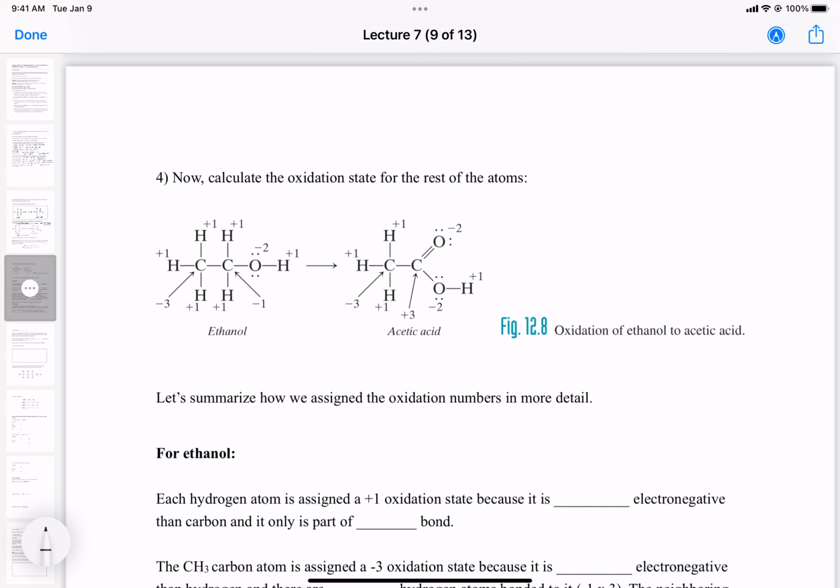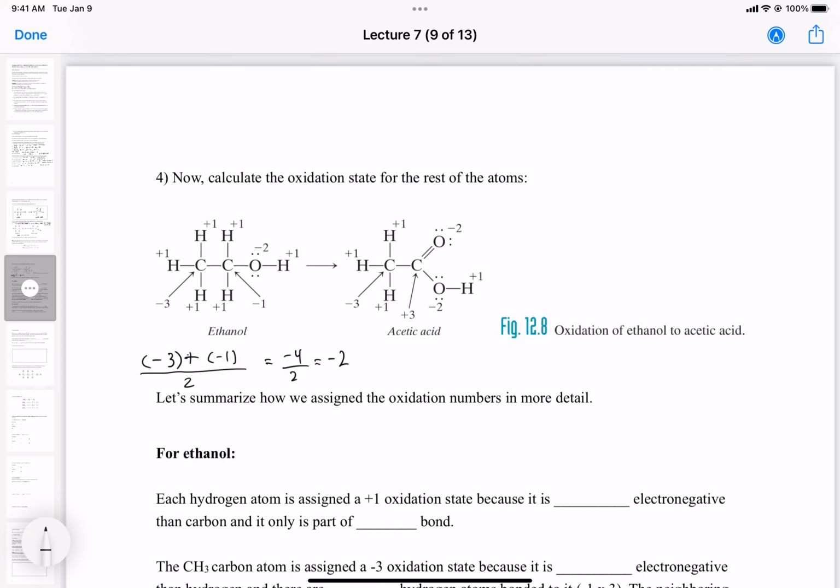And then for the carbon here, you see there's a -3 and a -1. So in ethanol, we can average this and say the average oxidation state is going to be -3 plus -1, divided by 2. So this will turn into -4 over 2, which is an average of -2 oxidation state.